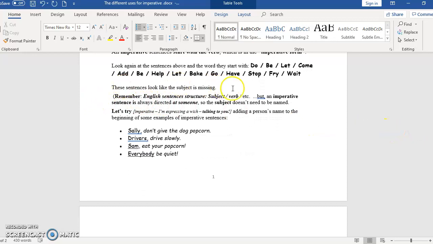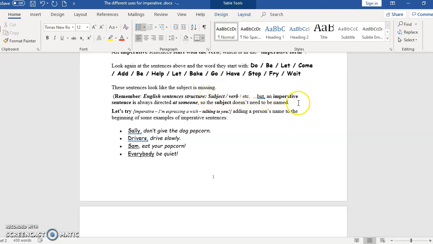So this looks like in the imperative sentence, the subject, the person, is missing. Because remember, an English sentence structure is usually subject, verb, and then whatever follows. That's the normal structure of an English sentence.